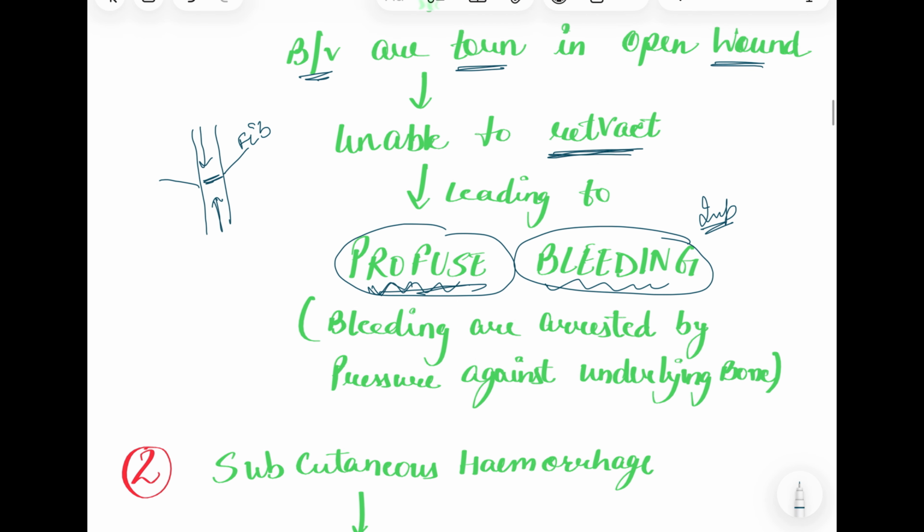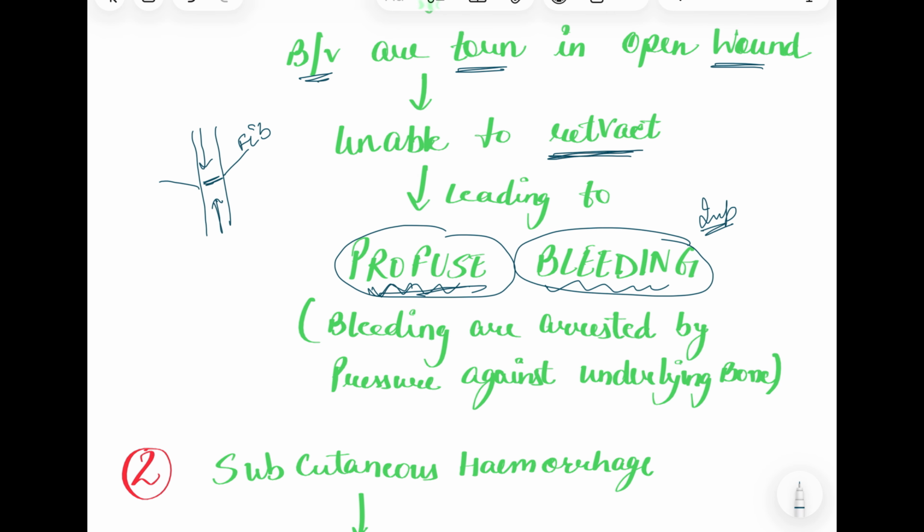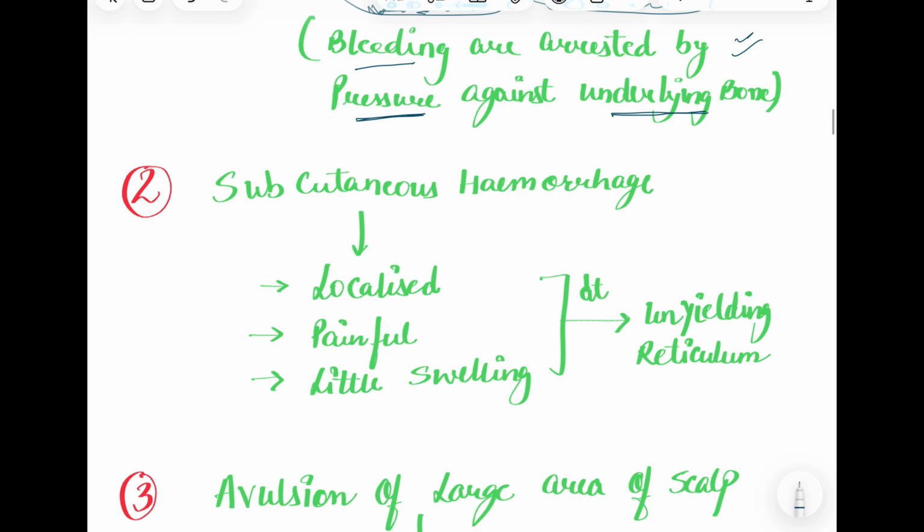So how are we going to arrest this bleeding? For that, we have to put a pressure against the bone. This way we are going to reduce the bleeding of the patient. Second applied over here is that this is your subcutaneous hemorrhage. Whenever there is hemorrhage, what kind of hemorrhage is going to occur?